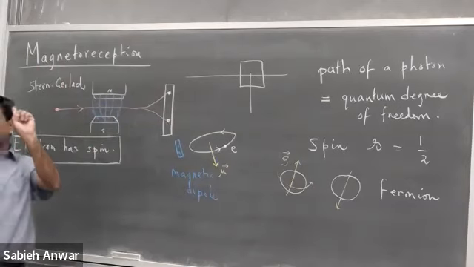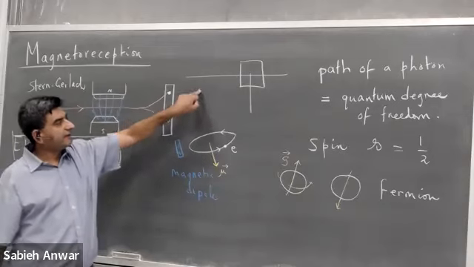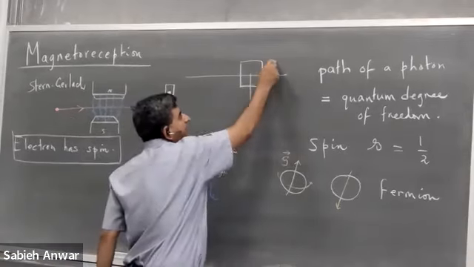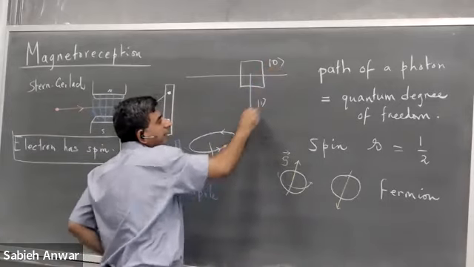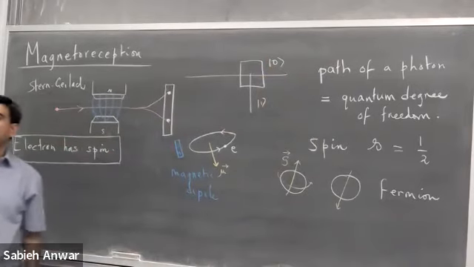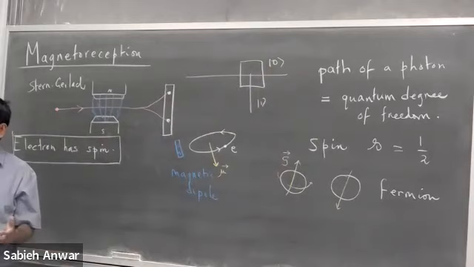And the spin could point up or it could point down. In the earlier case, that is the path of a photon, we labeled the two paths as ket 0 and ket 1. Our degree of freedom was the path of the photon. Now, if we talk about electrons rather than photons, we can associate a quantum state to the electron spin.